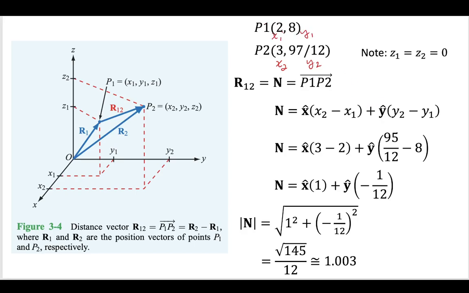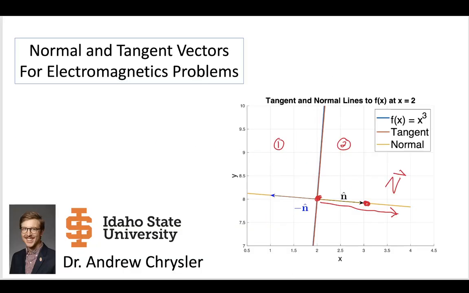So I will substitute these in, to get a normal vector. Now, to normalize it, I take the magnitude using the root of the sum of the squares, and it turns out that the magnitude of that vector is nearly 1 exactly, which you could guess by taking a look at this point at x is equal to 3.